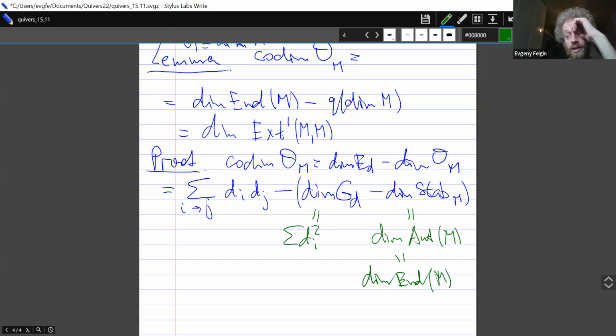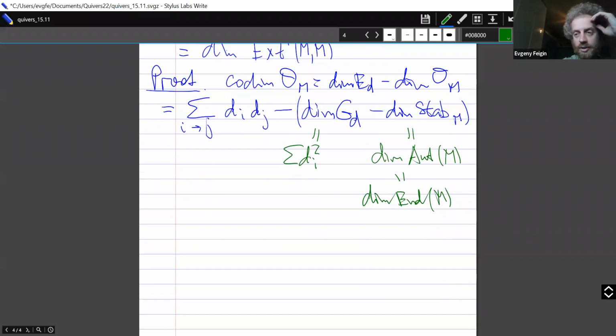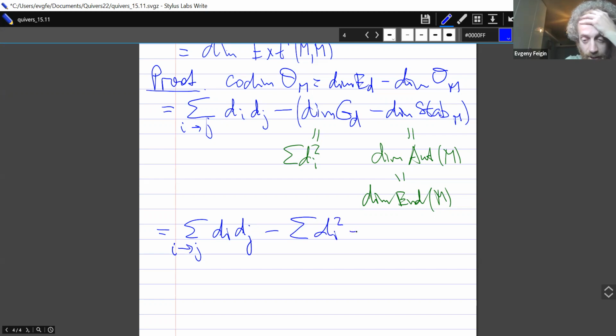This is clear because the automorphisms are an open subset in the space of endomorphisms, therefore their dimensions coincide. And now we conclude: this is the sum over arrows i to j of d_i d_j minus the sum of d_i squared plus the dimension of End(M), that is, minus q(d) plus dim End(M).